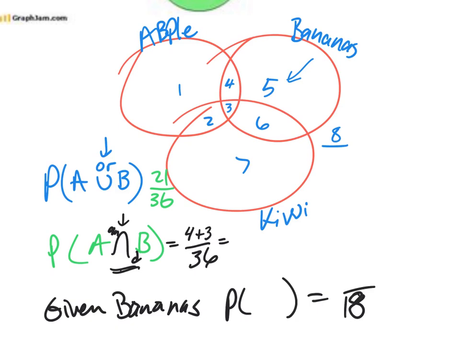Now be careful on this next one, because a lot of people will include numbers that can't work. So apple intersect kiwi. So that's the question. What's the probability of apples intersect kiwi given we're only taking from people who like bananas?